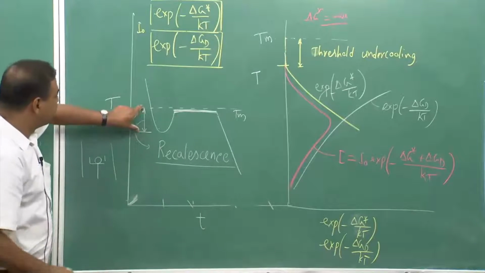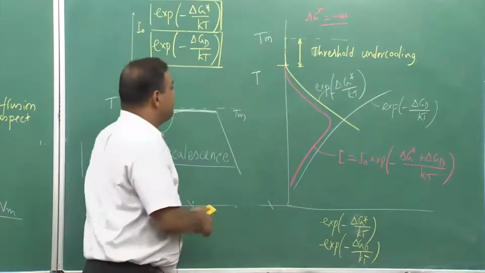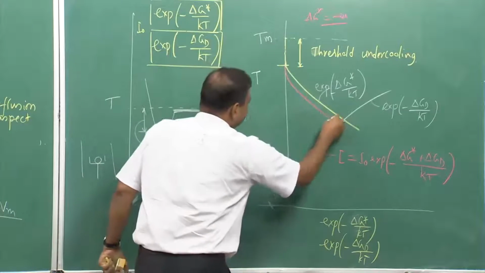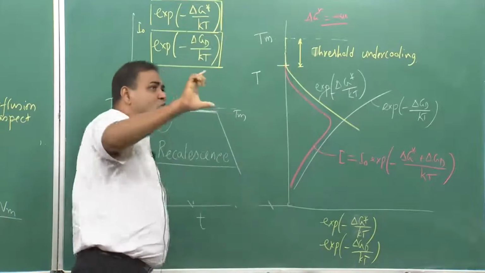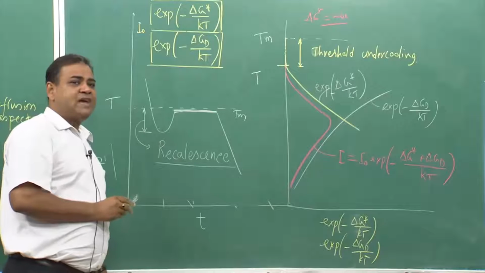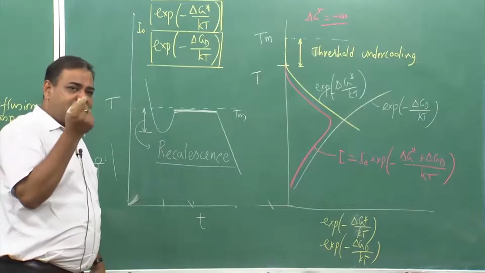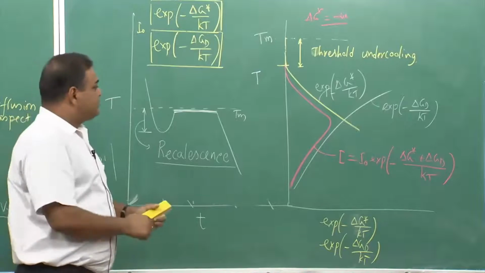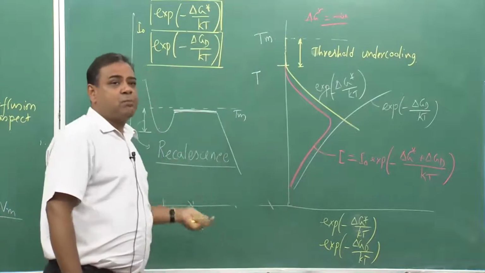So, this particular thing is nothing but this. Now if we see the I variation, the I variation is like this. So, that means until we go a little below the melting point, we cannot have any existence of nucleus.